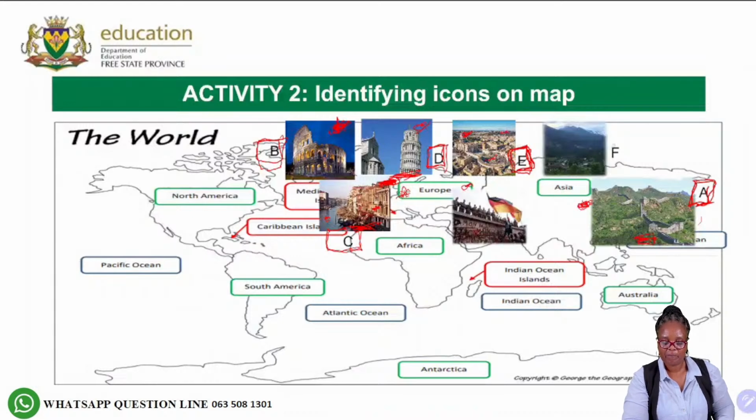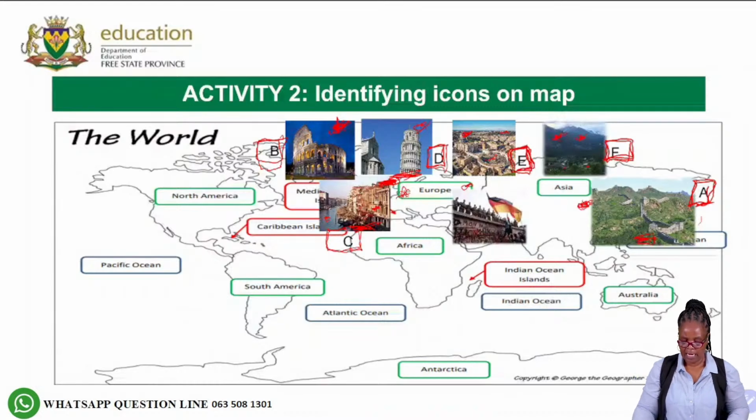Then lastly, the picture is not clear, but you can see, number F. We have the towns here. We have the villages. We have the mountains. We have, what do we have again? We have the trees. We have lots and lots of trees.